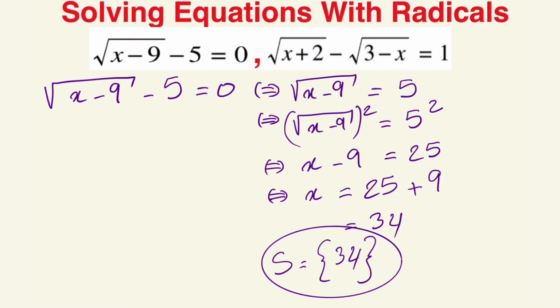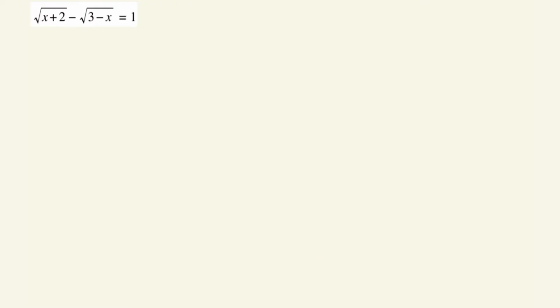So let's do the second example. How do we do it? We are going to move this radical here to this side, and then we square this side and this side, so as to get rid of the radicals. So let's do that. What we're going to have is x plus 2 equal to square root of 3 minus x, plus 1.